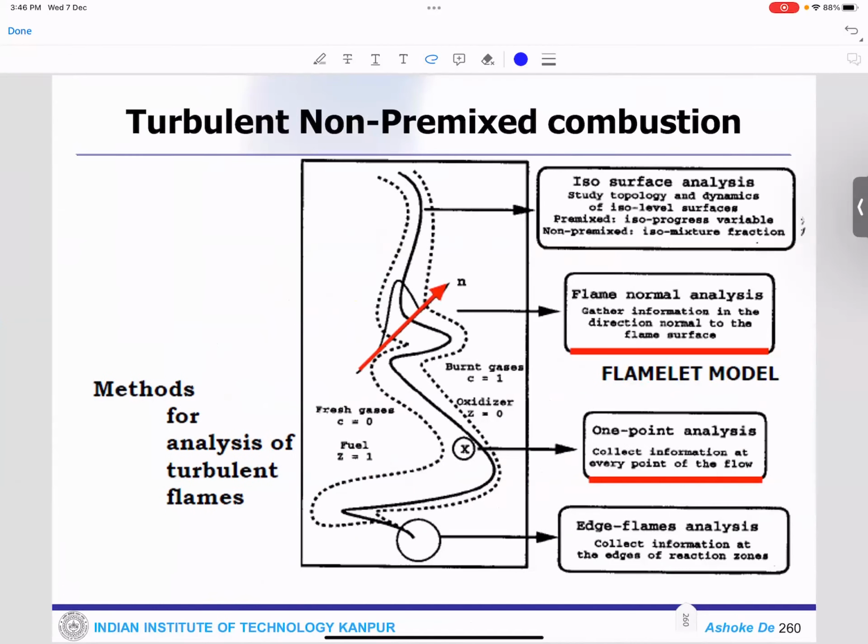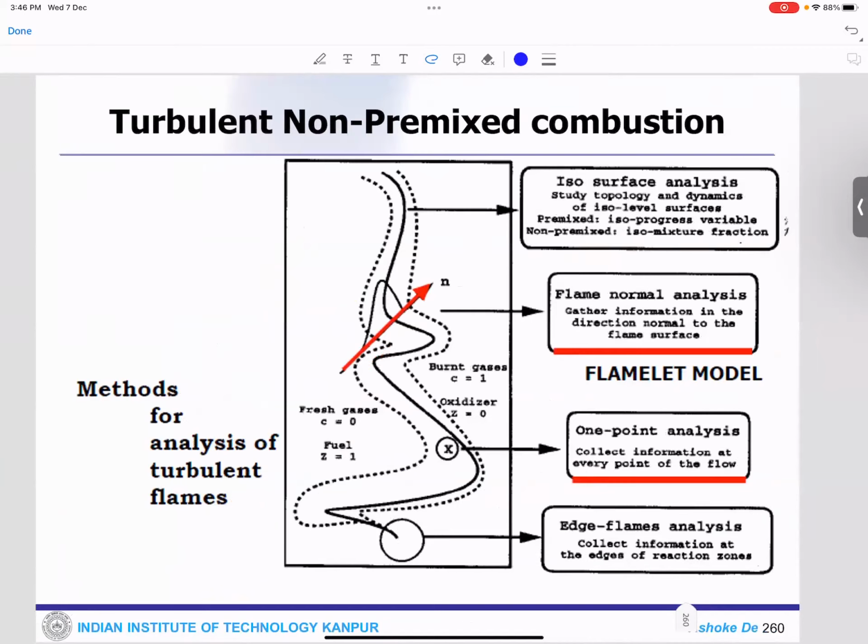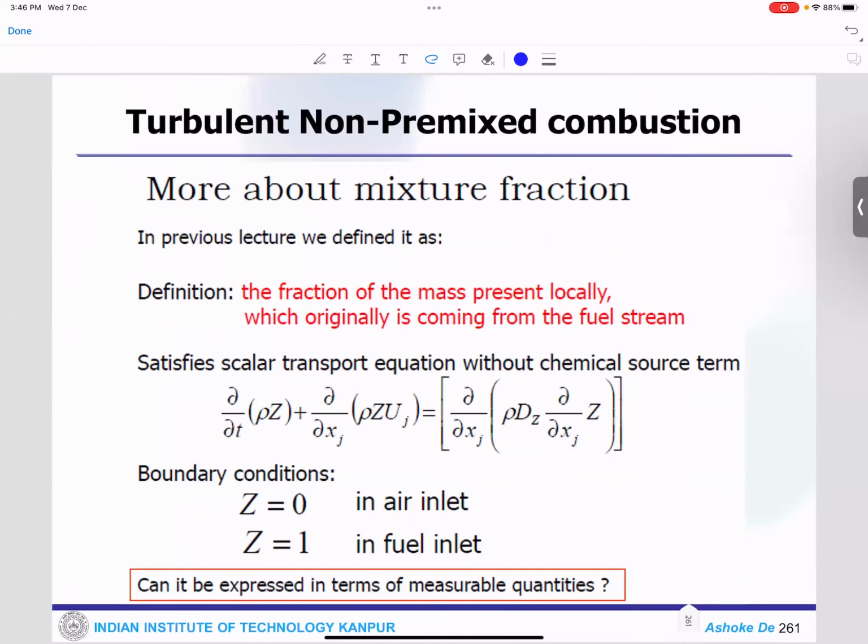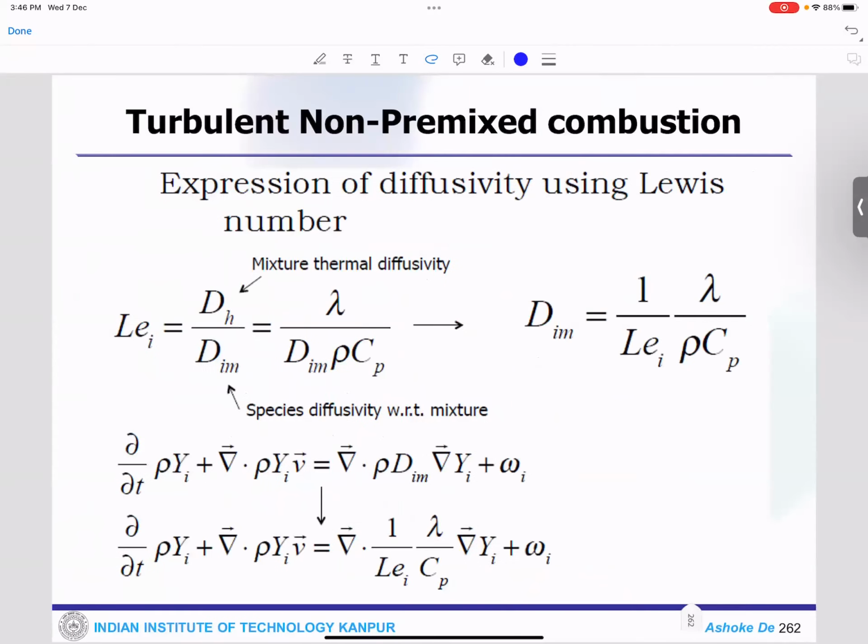Now, even in a non-premixed combustion case, you can still do a transport PDF approach. You can do this kind of flamelet approach. I mean we can talk a little bit about Lewis number. Lewis number is an important factor which comes into the mass transfer equation. And why is it an important factor?